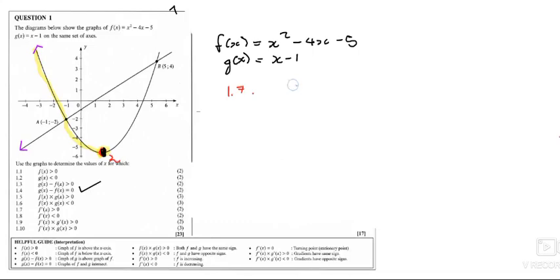So here, if they ask us 1.8, it's confirmed, guys. Where 1.8 is asking, where is the gradient of f of x less than or equal to 0? Now, if the gradient is negative, what do we know about a negative gradient?